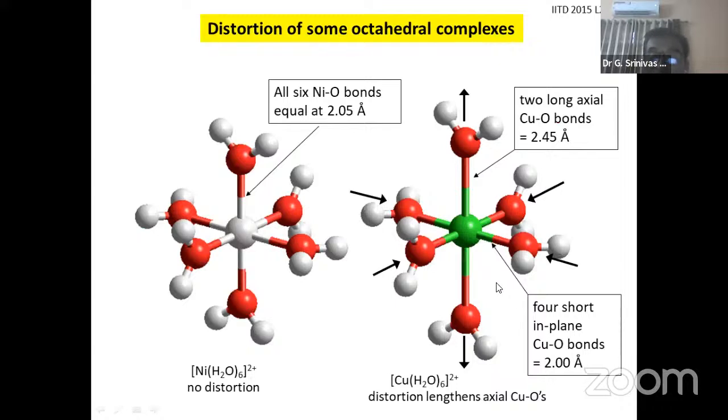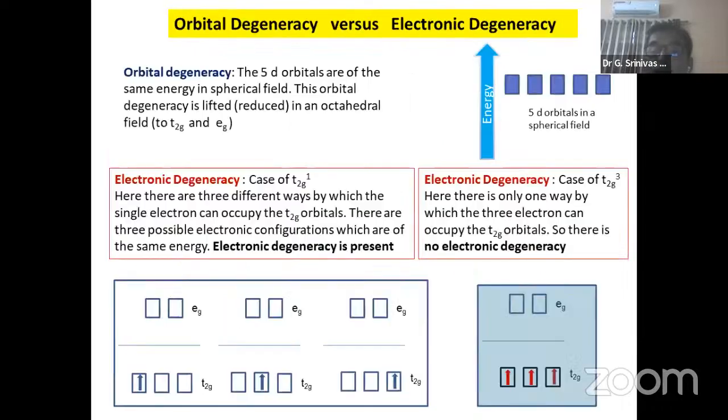That means in the aqueous copper, distortion of the structure is taking place. That's why no distortion in case of the nickel aqua complex, whereas distortion occurred in the copper complex. So why will this distortion occur?